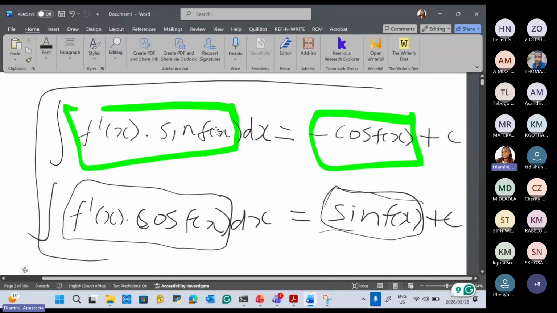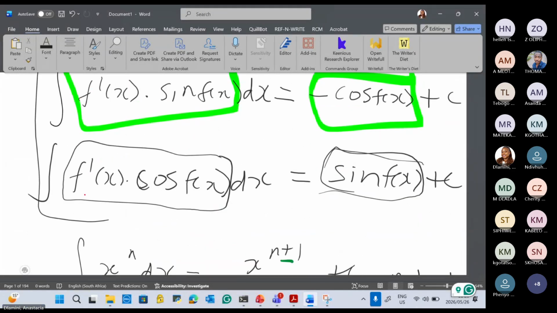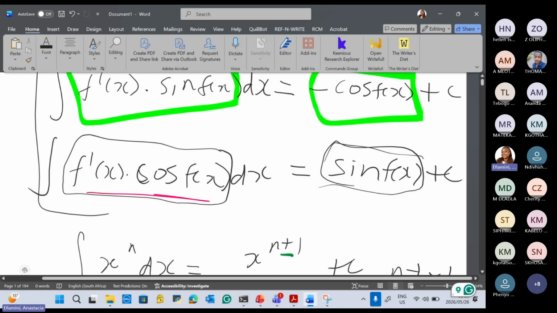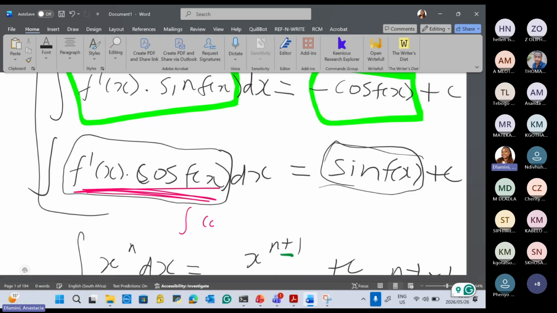So under here we have cos 2x, right? So we have the integral of cos of 2x dx. Now we cannot say it's sine 2x. Why?